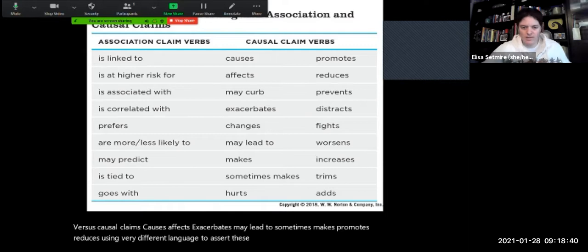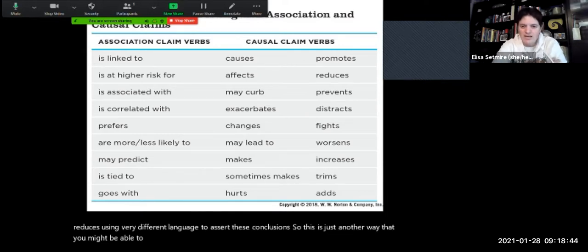So this is just another way that you might be able to determine the type of claim that somebody is making with their research or with their article or whatever it is that they're presenting it within.